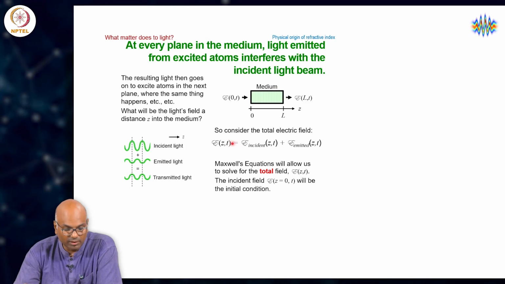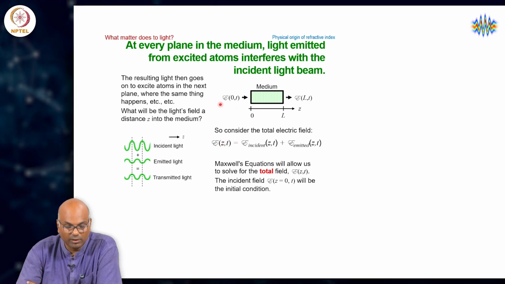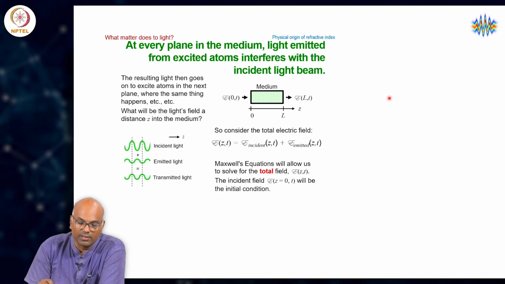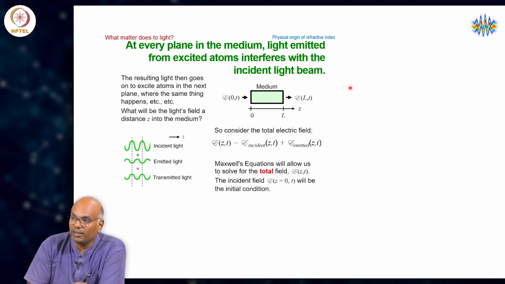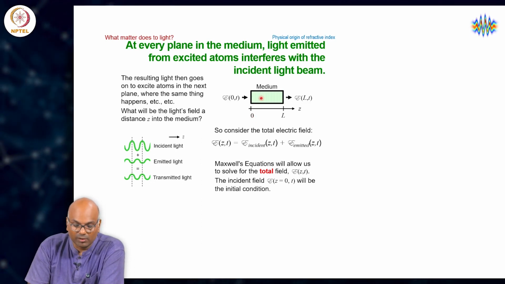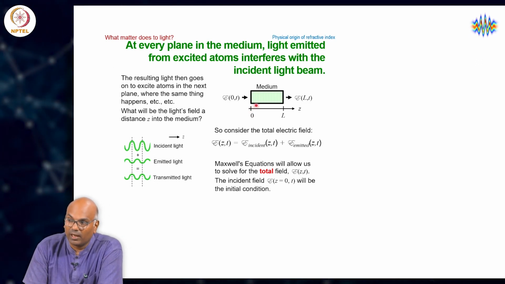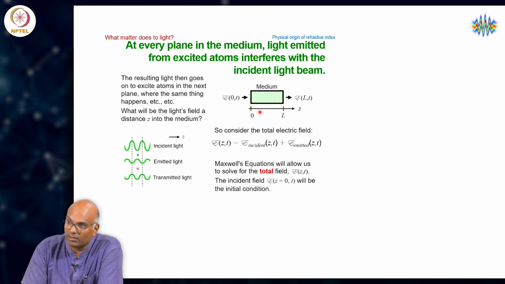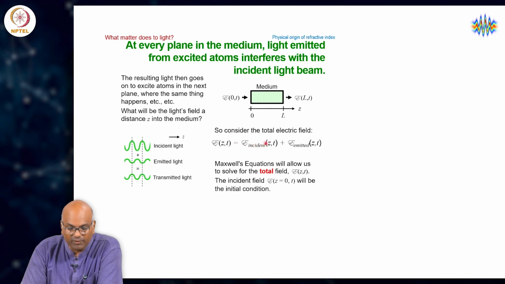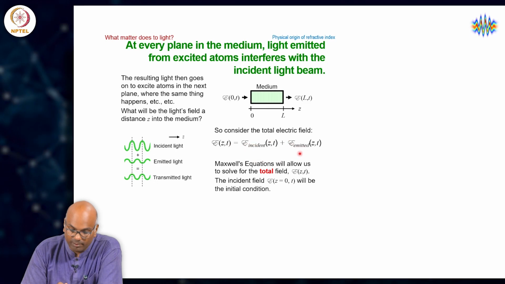A good idea of how this is happening is to consider an infinite, monochromatic beam in steady state propagating through this medium, and at every point the interaction of the light beam with matter sets up oscillations of the electron cloud, and those oscillations result in subsequent radiant emission, and at any point the total electric field is the sum of the electric field of the incident radiation plus that of the emitted radiation.